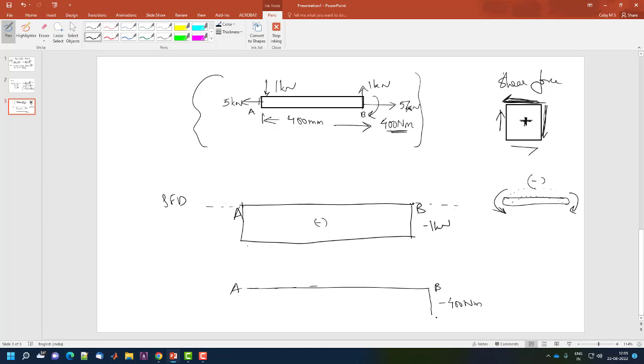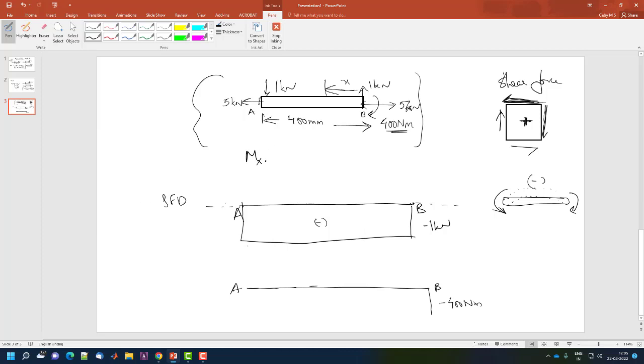And what about in the cross section? At any cross section at x, what will be the bending moment? Will it be the same as minus 400, or will it be different from minus 400? As you can see, the shear force of 1 kilonewton acting at B will produce a bending moment. So let me write that over here.